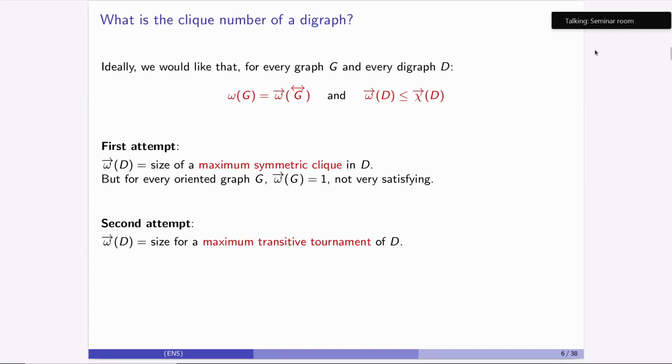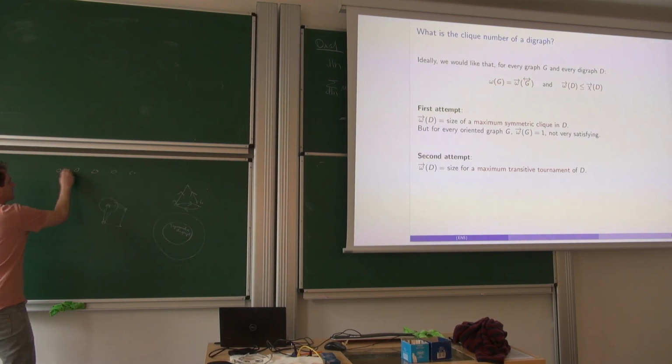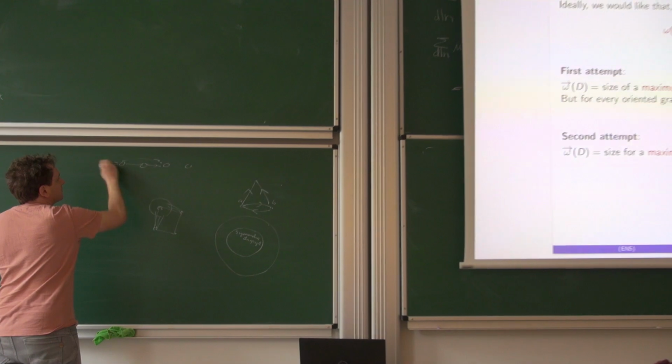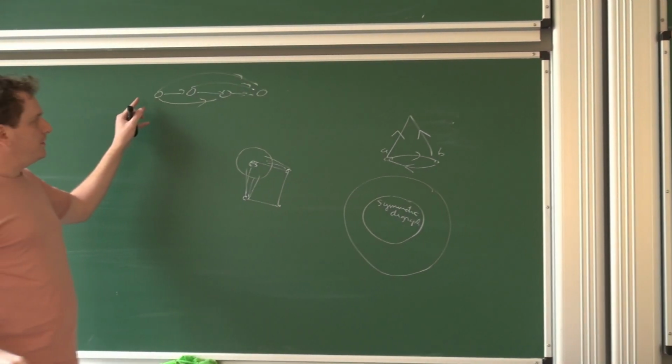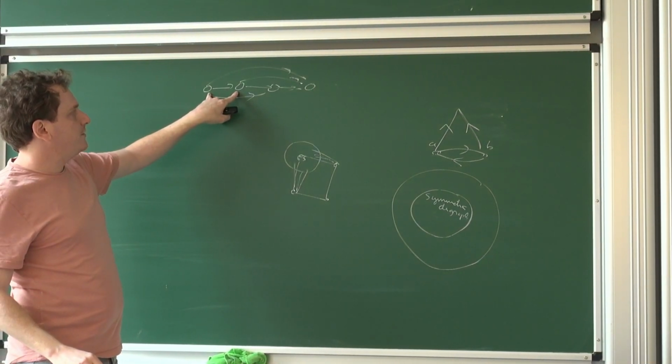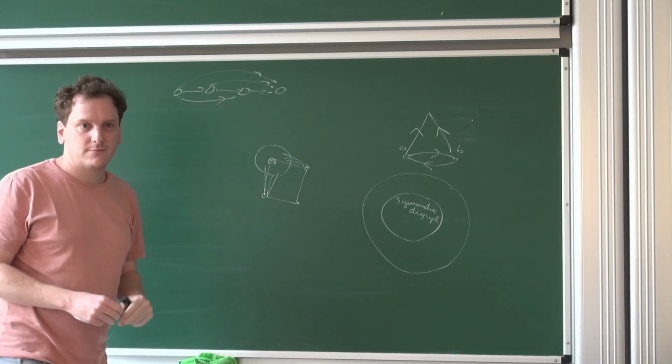A second attempt, maybe less natural but interesting too, is to take the size of a maximum transitive tournament in D. Maybe I forgot to say what a transitive tournament is: between each pair of vertices there is an arc, and you can order the vertices so that every arc goes in the same direction.